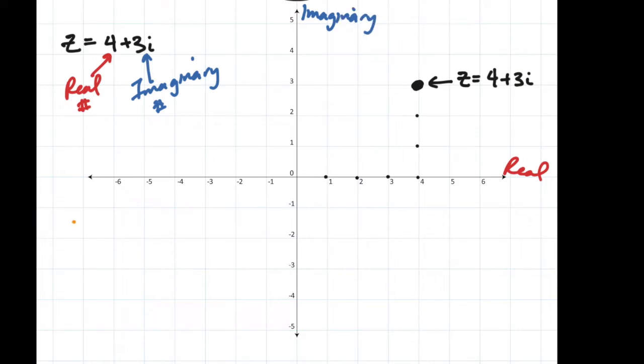Let's try z equals -1 minus 5i. So we're going to go -1. Think of this real number as an x, and this is our imaginary number. Think of it as a y.